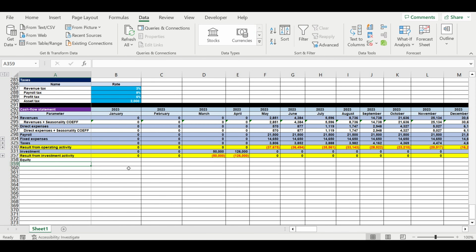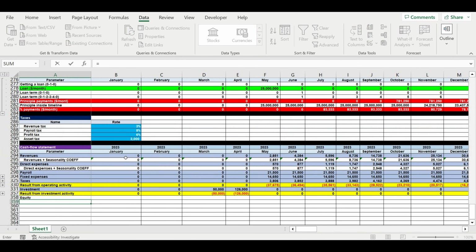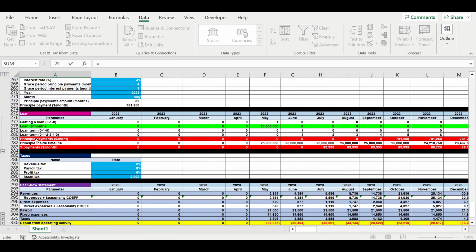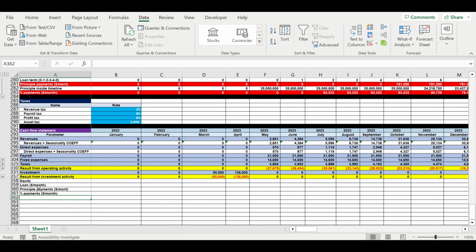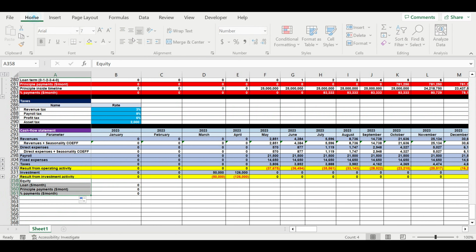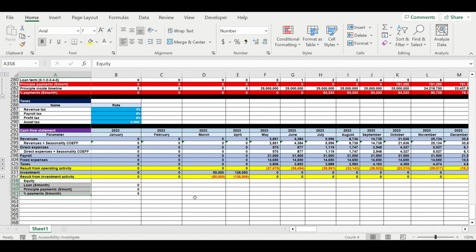Then we put the loan. Then we pay for this loan: principal payments, interest payments.